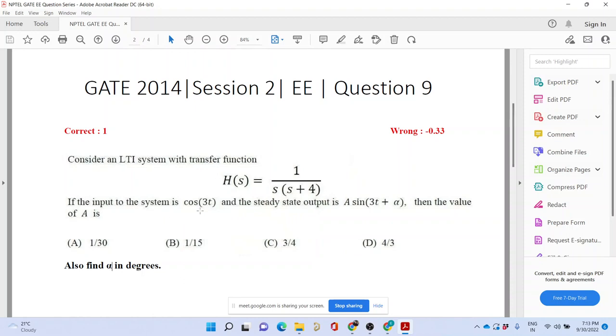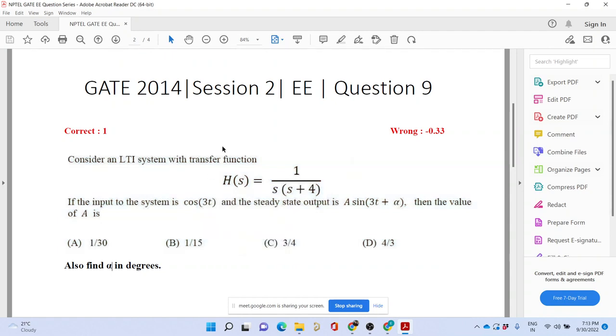So we just need to find out what amplitude this transfer function H(s) has at omega equal to 3 radian per second, because we are giving cos of 3t.